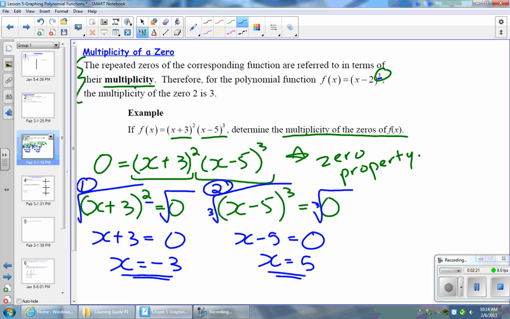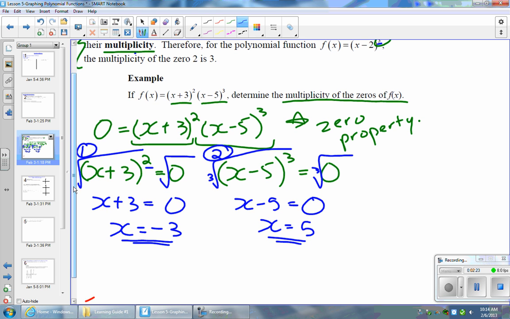So once we found our zeros, now we can identify them in terms of their multiplicity. And to identify the multiplicity, you have to take a look at its corresponding factors in the function. So here is my original function. (x plus 3) squared means that the multiplicity of x equals negative 3 is whatever that exponent is, which is 2.